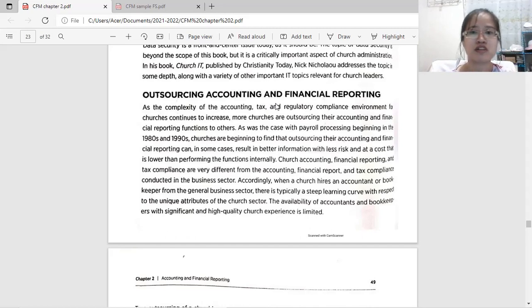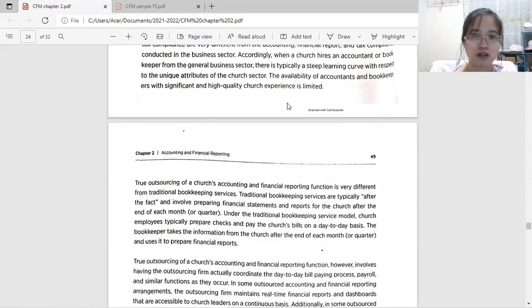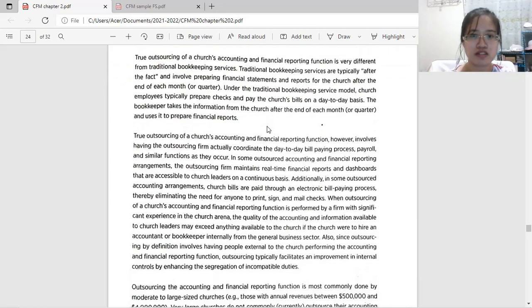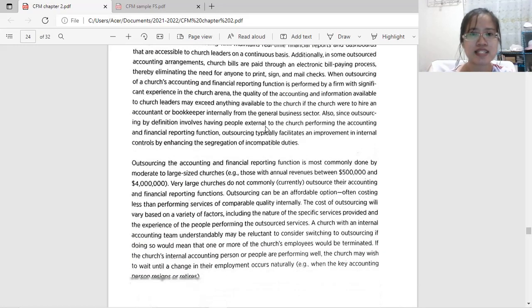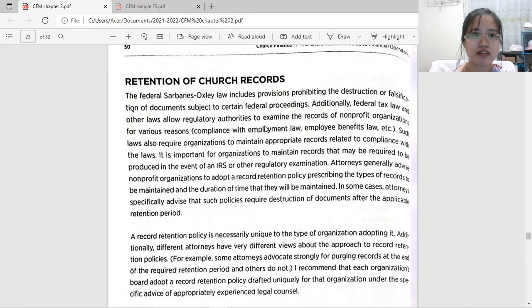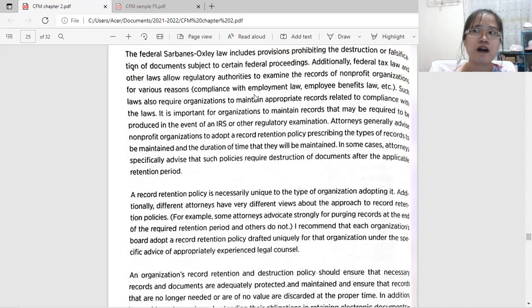But for small organizations, small churches, normally they just do it themselves. For the most part, the transactions are simple and very few in number, so recording is not that burdensome.